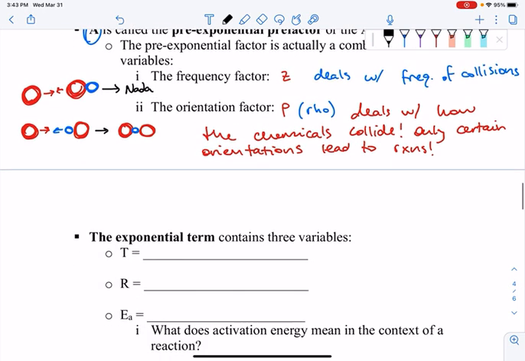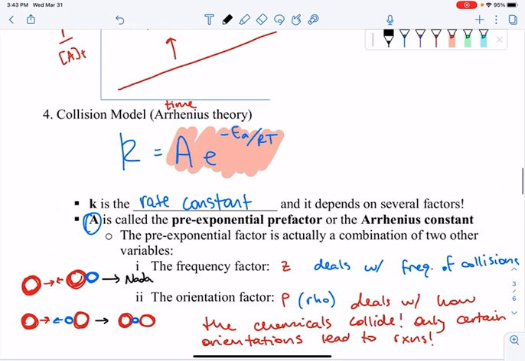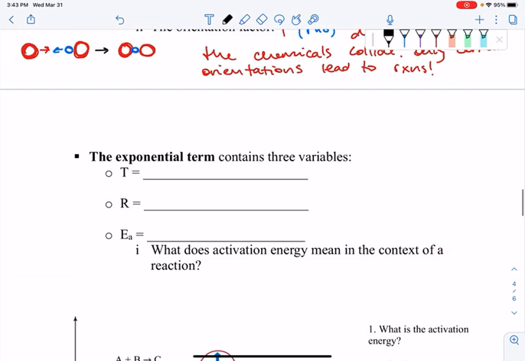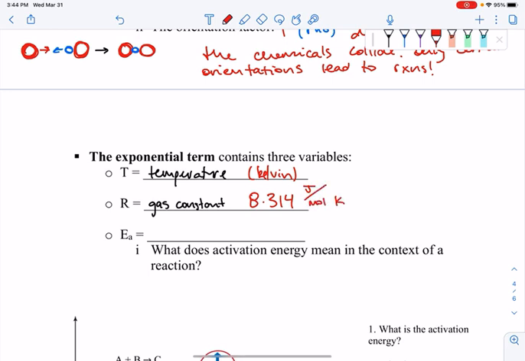Okay, so there are other things in the Arrhenius equation. T is temperature, obviously, and it'll be in units of Kelvin. R is the gas constant, but not the gas constant that we used in the gas unit. This one is 8.314 joules per mole Kelvin.